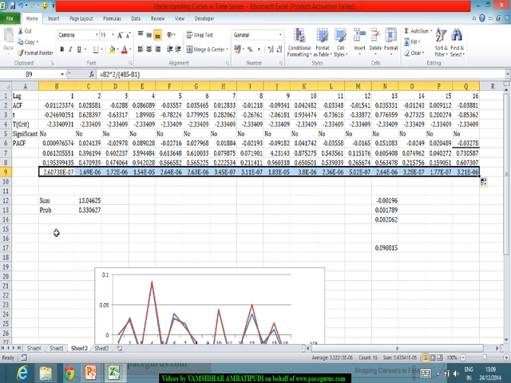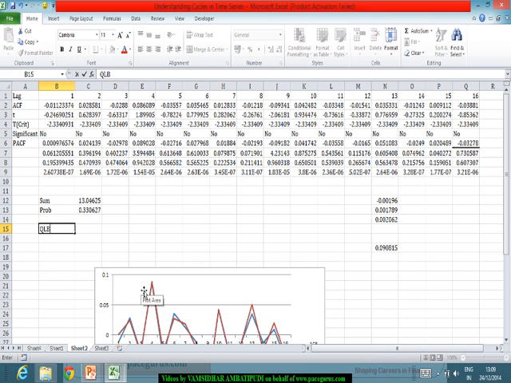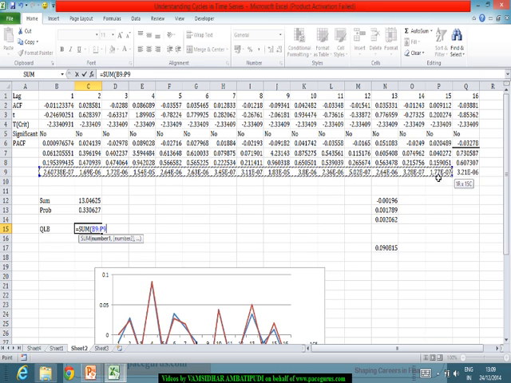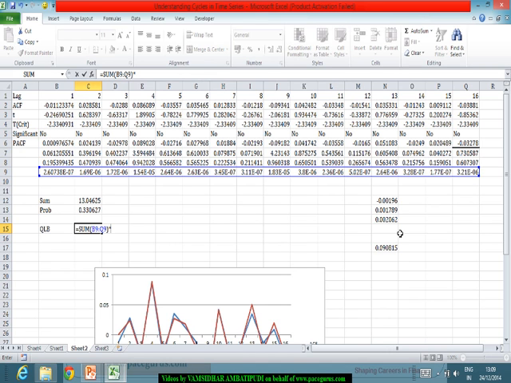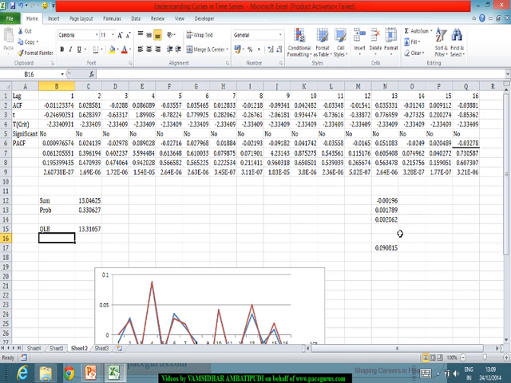So if I want the Q for a Ljung-Box statistic, I am simply adding up not the direct correlation squares, but a weightage on the correlation squared. I am adding it and multiplying it with t and also t plus 2. So this is giving me 13.31.